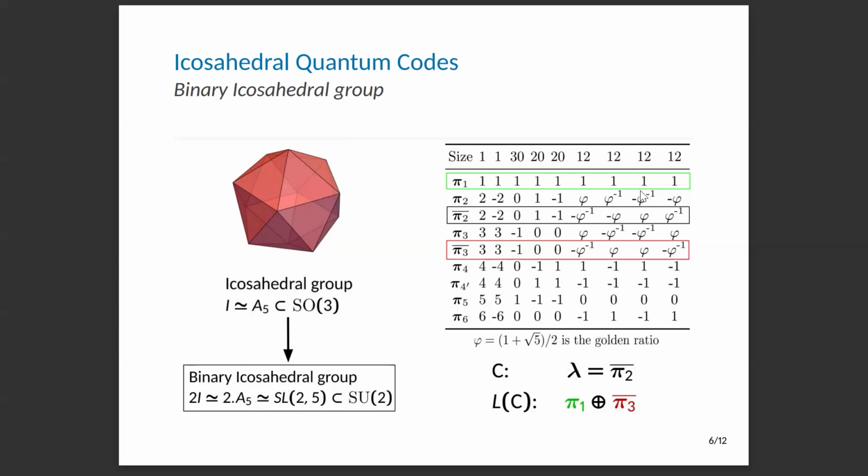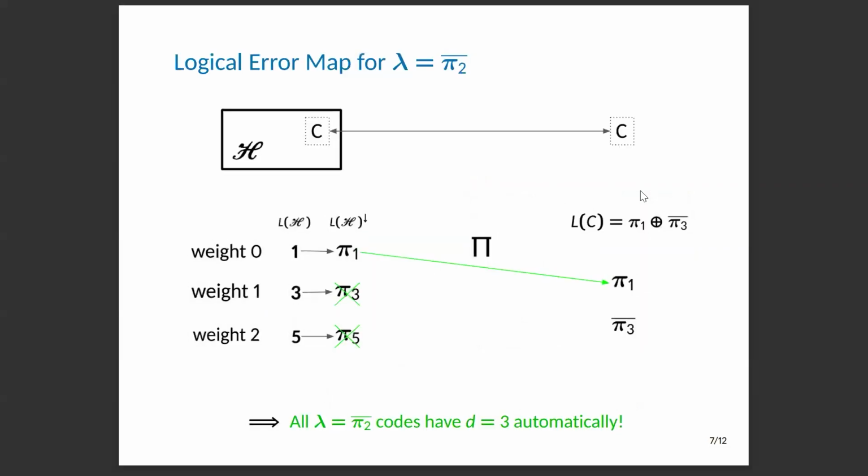Seems like it shouldn't be that different, but you do some fancy math, and it turns out that lambda tensor lambda star, so the way that the logical errors transform, it transforms in pi3 bar. So now we're saying, okay, the logical errors will transform in pi3 bar. And so if we look at this picture again, something miraculous happens.